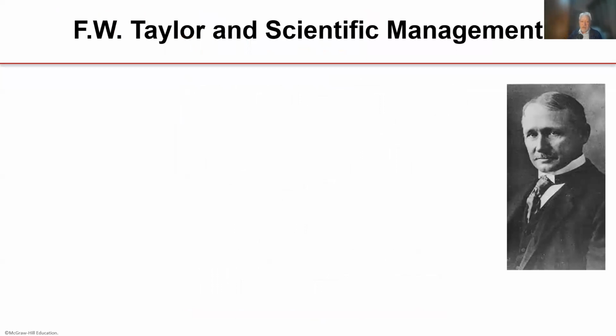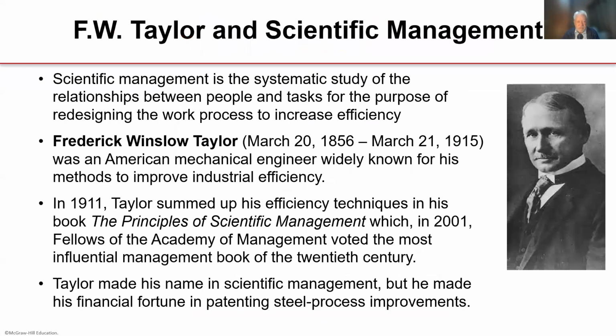So at the beginning of the 20th century, the early 1900s, we had this bloke you see on the screen in front of you, Frederick Taylor, and he was an engineer. So he wrote this book in 1911, The Principles of Scientific Management.